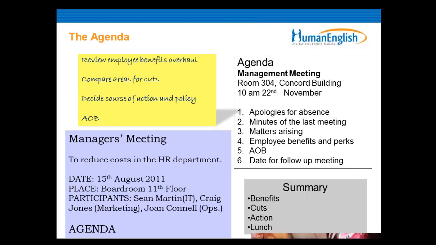Yes, the second and the third agendas are the best. They are more formal, but they include much more information: the time, the place, the issues, and also the participants in number 3. So the best agendas would be formal agendas, and they would look similar to number 2 and 3.